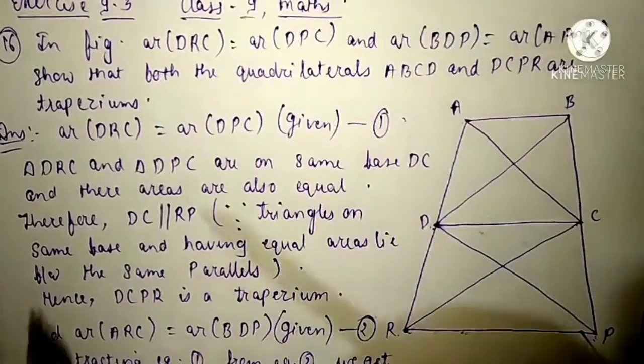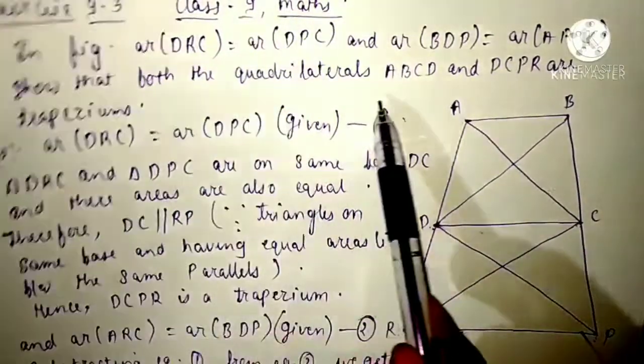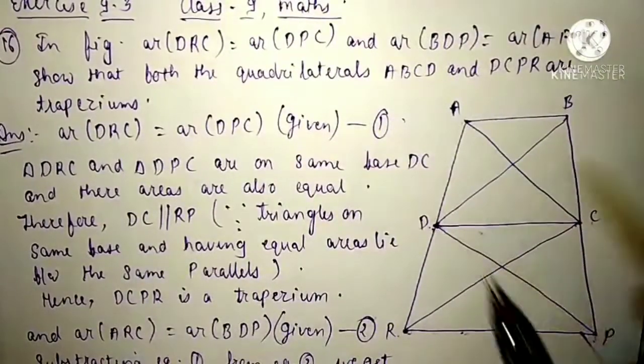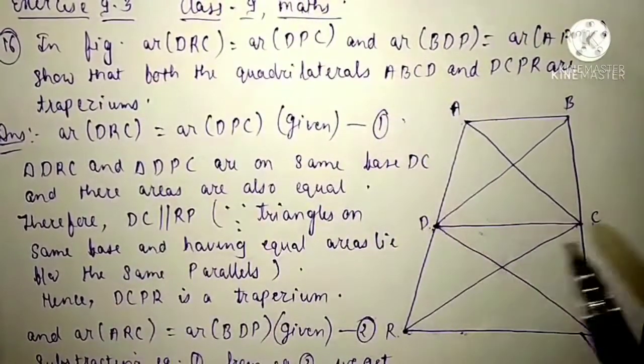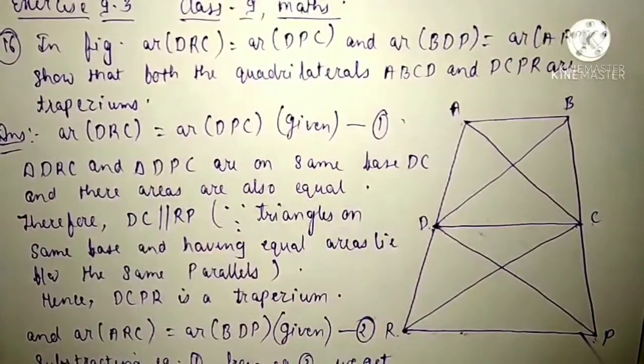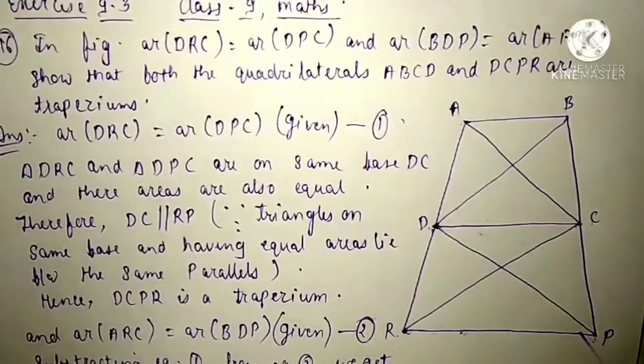Show that both the quadrilaterals ABCD and DCPR are trapeziums. We have to prove that these are trapeziums.